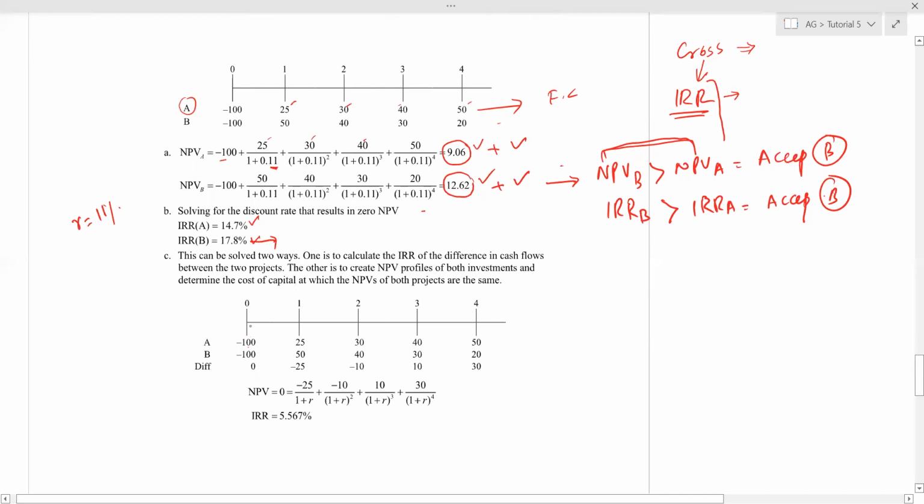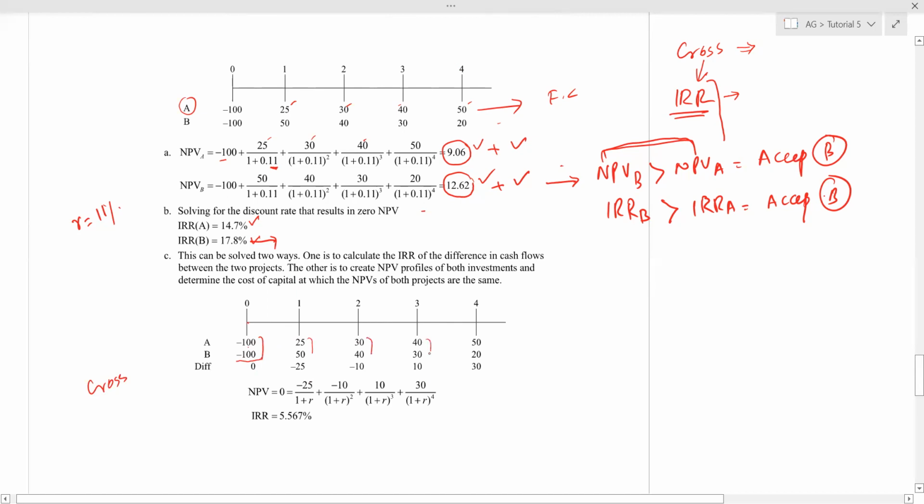So you again take these two projects A and B. Project A has an outflow. So first of all, the first thing that you need to do is to take the difference, because we know that at the crossover rate, the difference should be equal to 0. So first of all, you will take the difference of outflows and the difference of inflows.